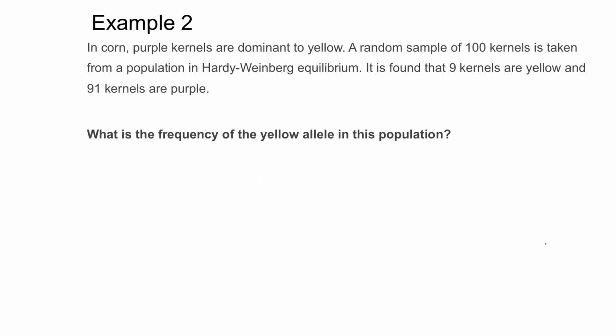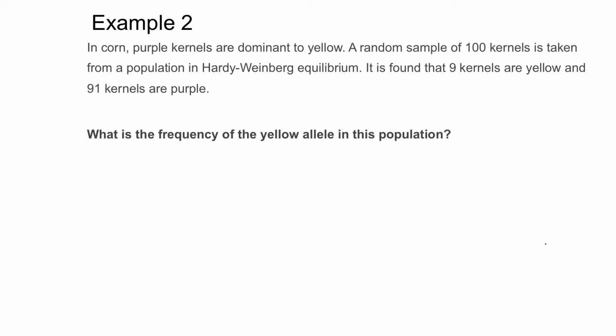Example 2. In corn, purple kernels are dominant to yellow. A random sample of 100 kernels is taken from a population in Hardy-Weinberg equilibrium, and it's found that 9 kernels are yellow and 91 kernels are purple.